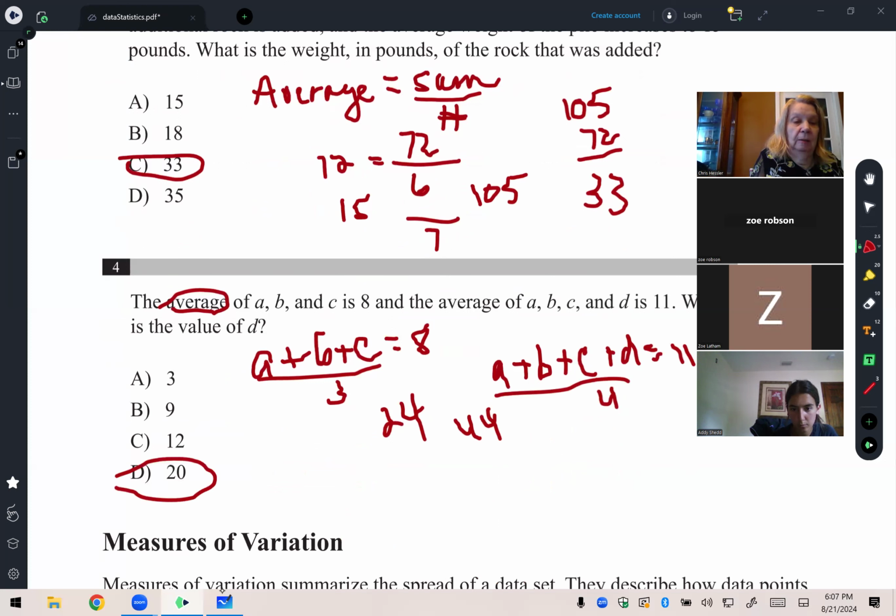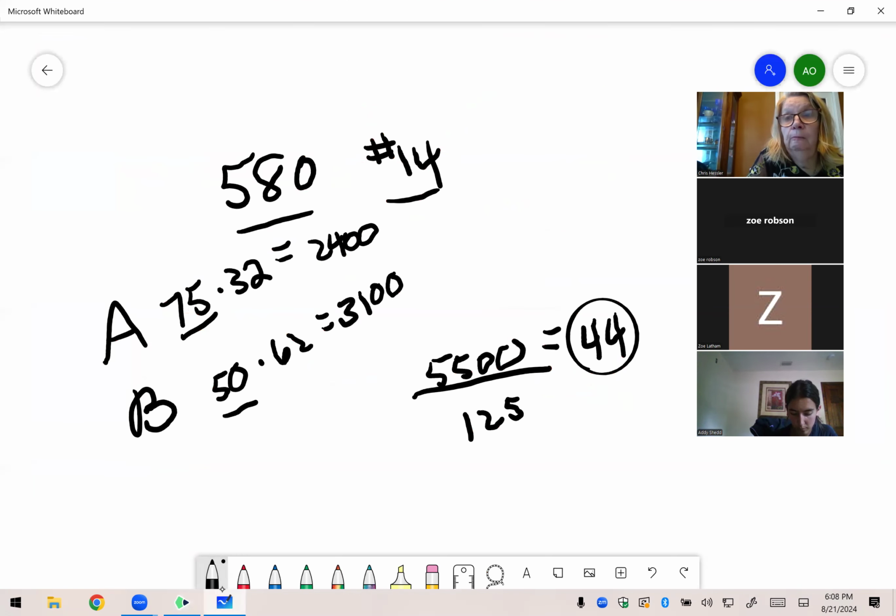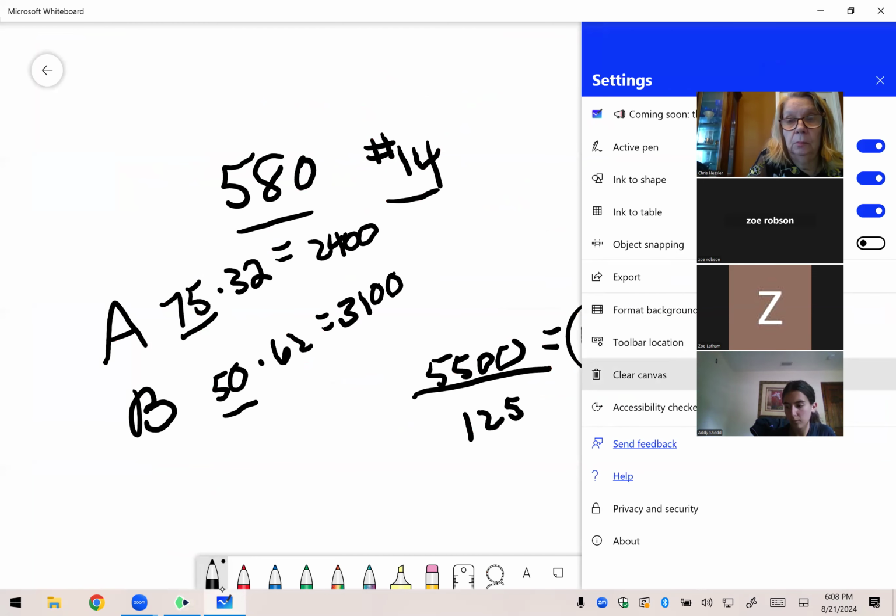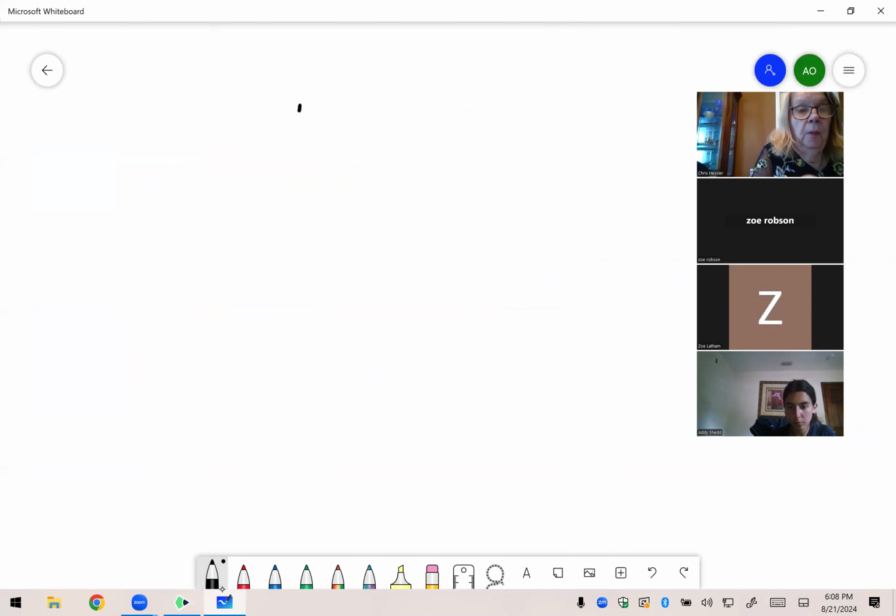Yeah. Okay. Now, variation. So again, the range is going to be the largest number minus the smallest number. So let's try one in the book. Just so you know that term, 581, number 17.